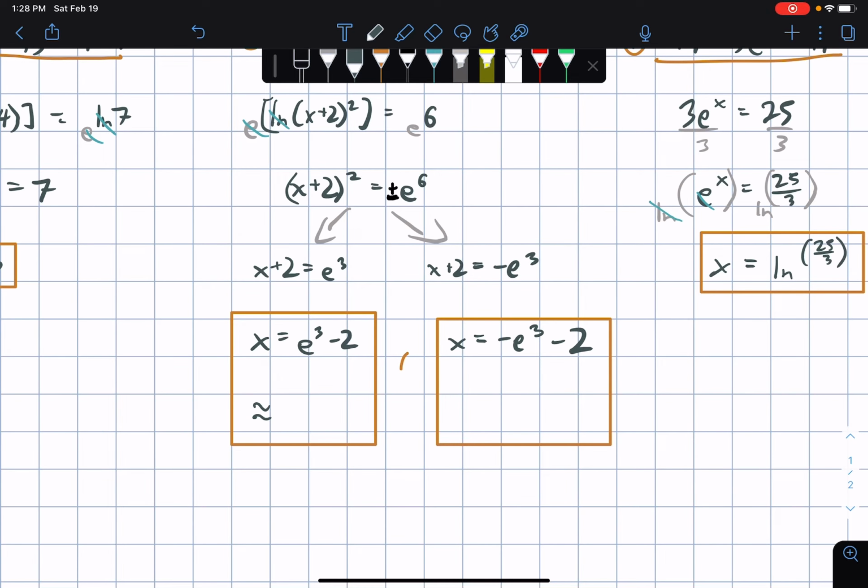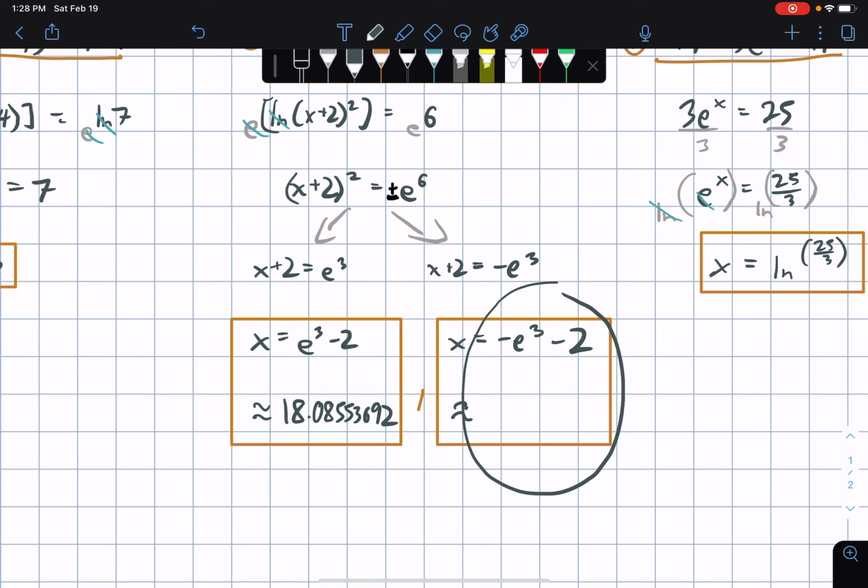That is, in decimal, approximately 18.08553692. Right, the number is quite long. And for the other answer, negative e raised to 3 minus 2 is approximately negative 22.08553692. So yeah, that's it.